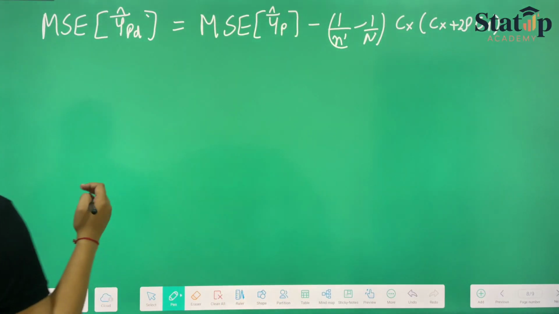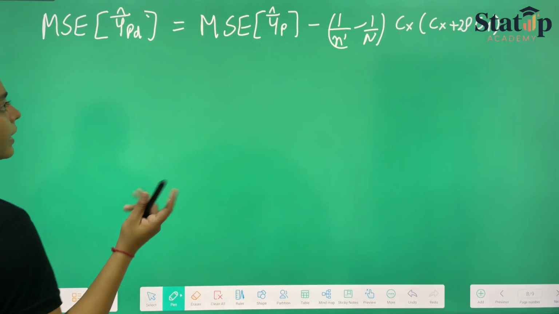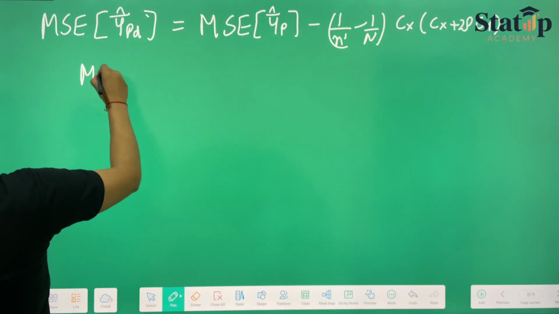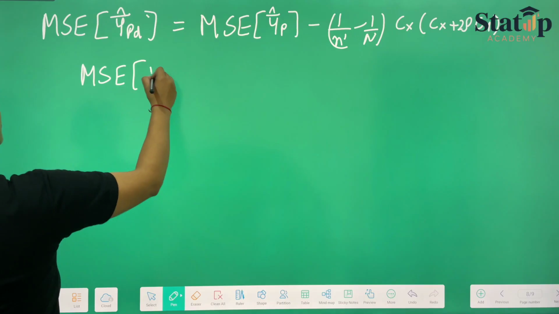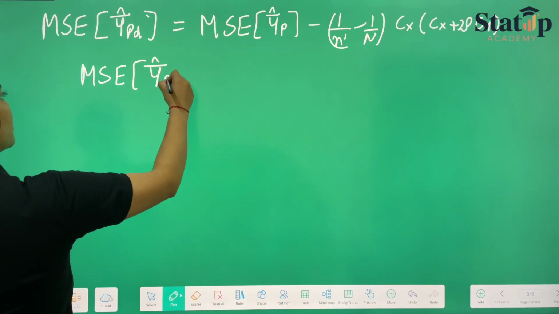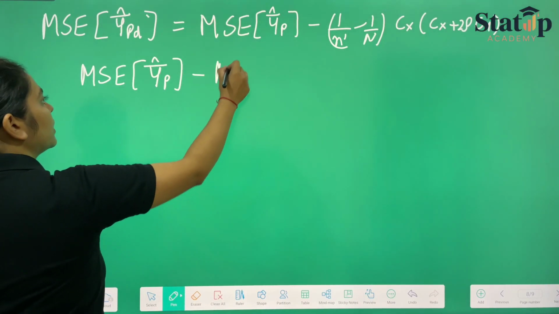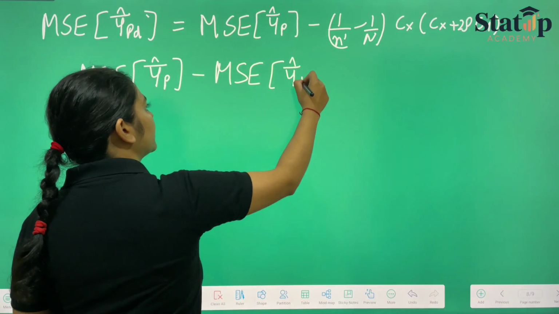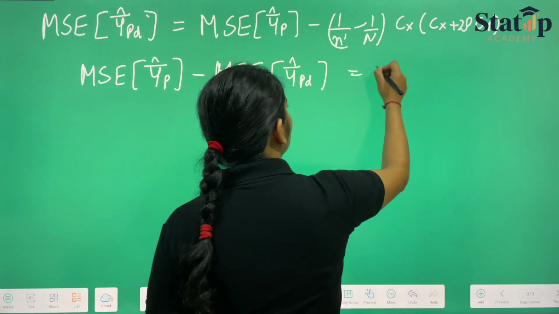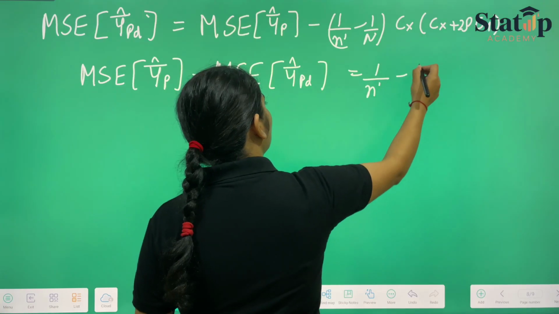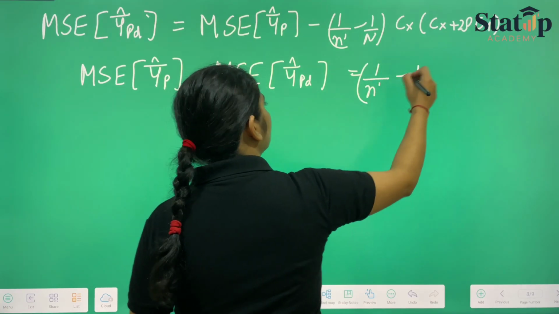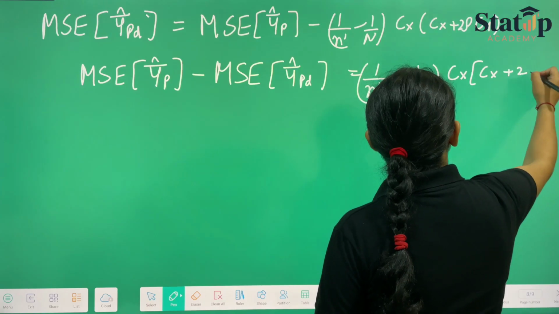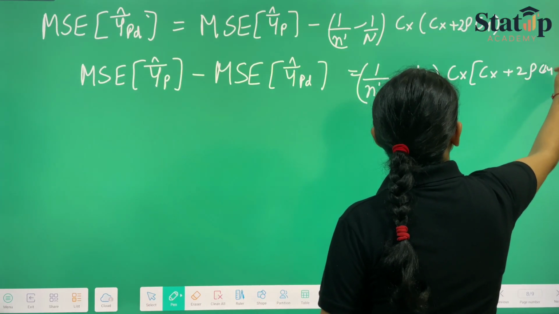Now shuffling the terms on right hand side and left hand side, we will be getting MSE of product estimator in single sampling minus MSE of product estimator in double sampling is equals to 1 upon n prime minus 1 upon capital N Cx into Cx plus 2 rho Cy.